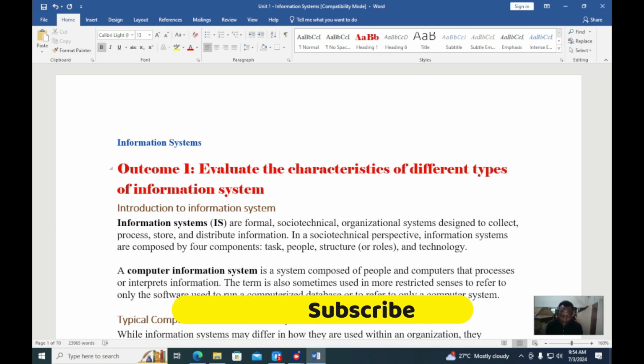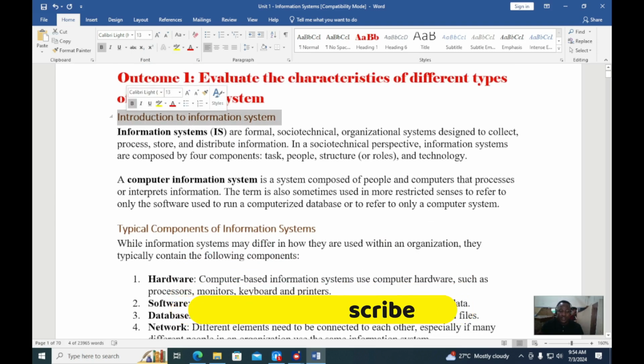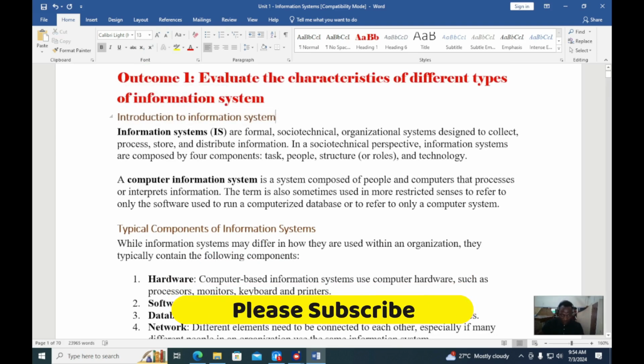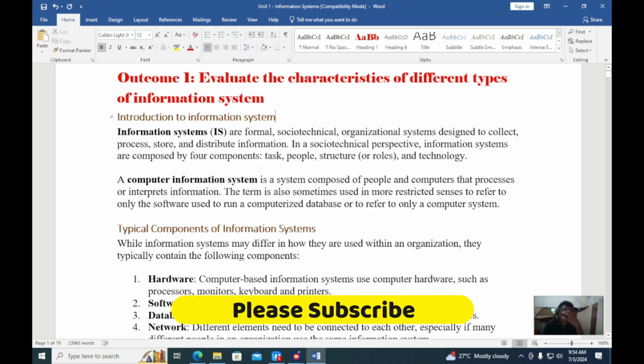Basically, before we even try to evaluate these characteristics, we need to understand what information systems are. So I need to introduce you to information systems. Information system is normally represented by the short form IS.